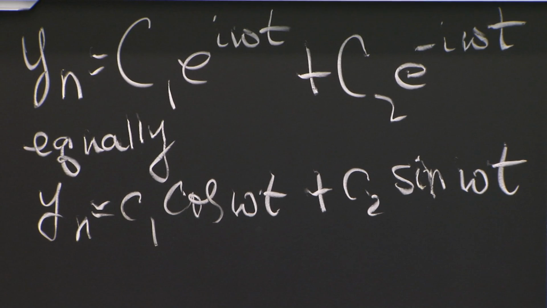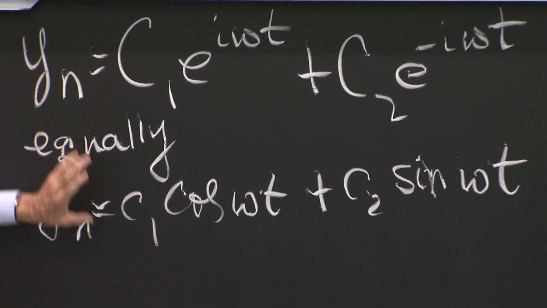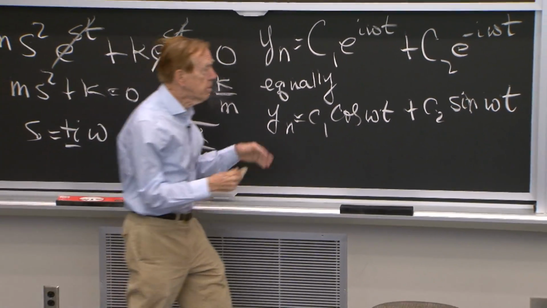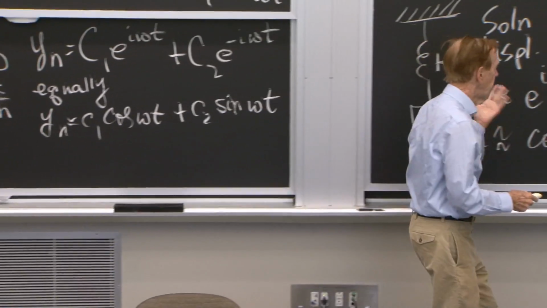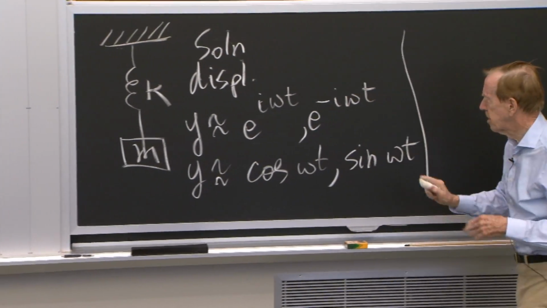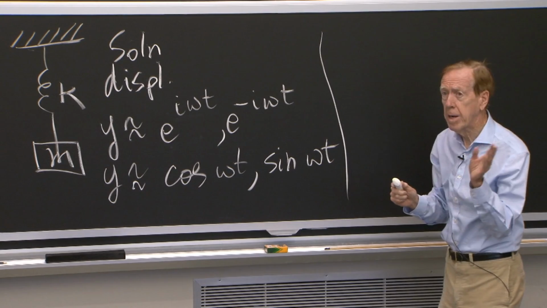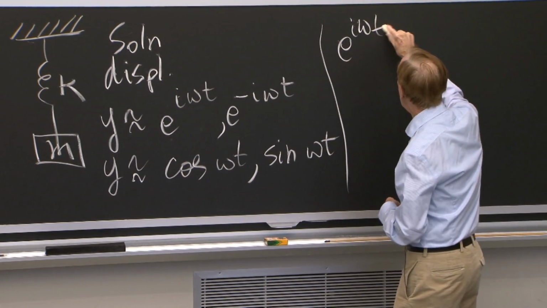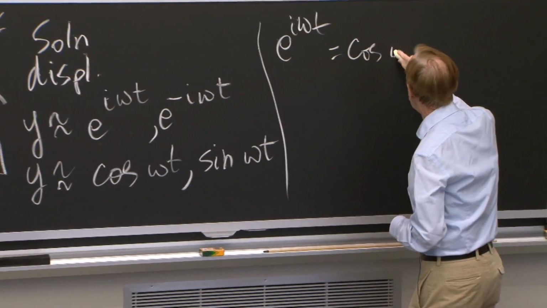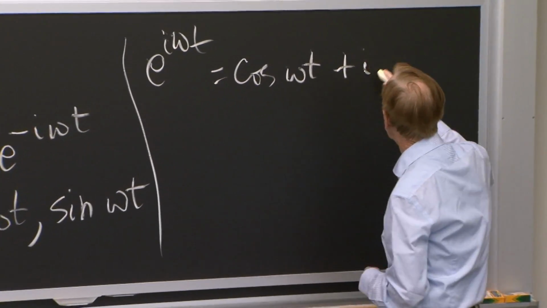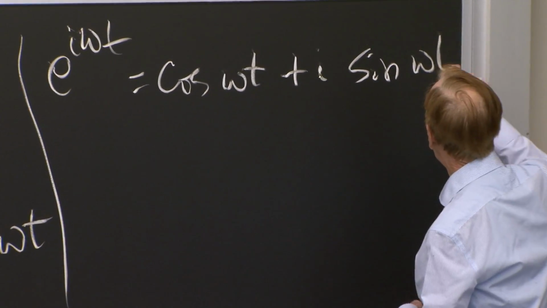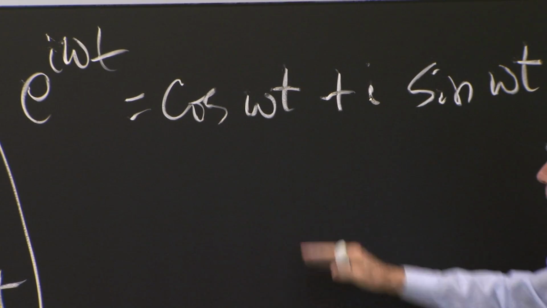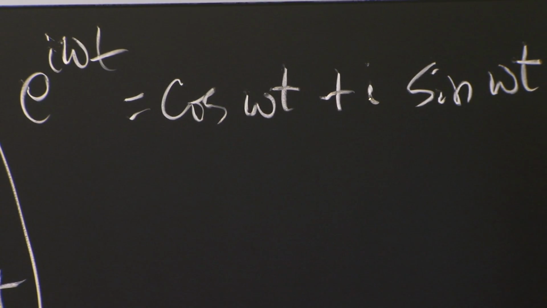Do you see that these guys are the same as these guys? The C's are a little different because, well, we know that we can switch from one to the other. So we remember that basic fact, that e to the i omega t is cos omega t plus i times sine omega t. You're used to maybe seeing that omega t as theta. e to the i theta is cos theta plus i sine theta.